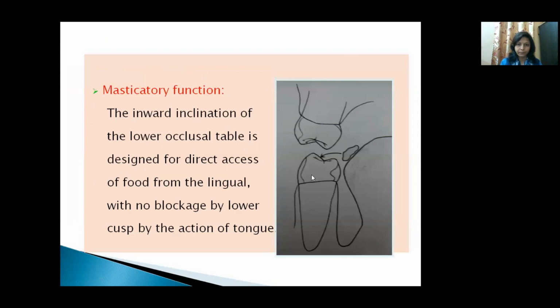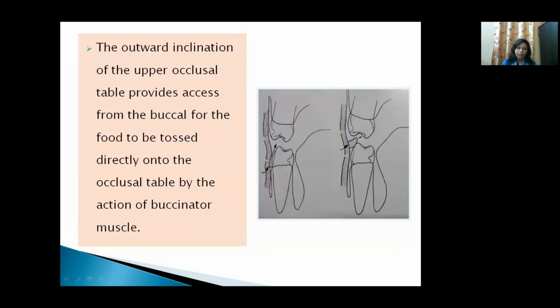Here, the inward inclination of the lower occlusal table is designed for direct access of food from the lingual, with no blockage by the lower cusp, by the action of the tongue. And the outward inclination of the upper occlusal table assists from the buccal for the food to be tossed directly onto the occlusal table by the action of the buccinator muscle.